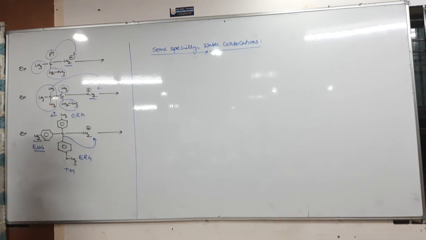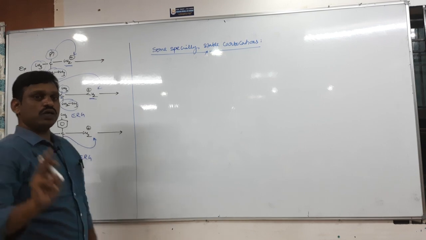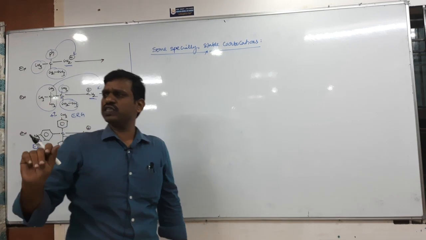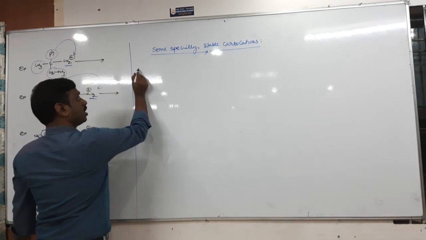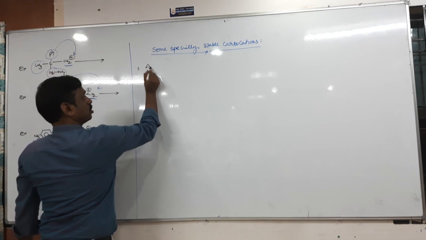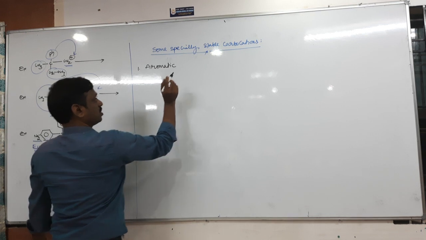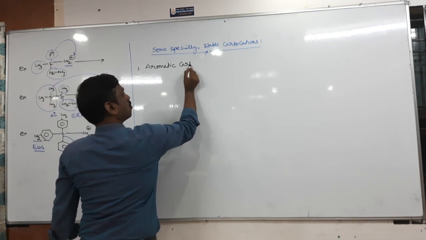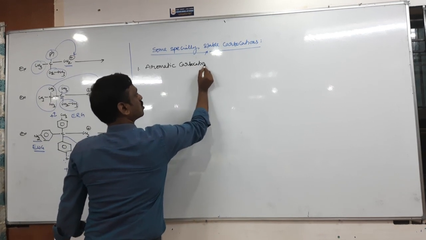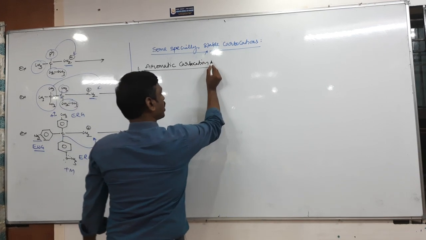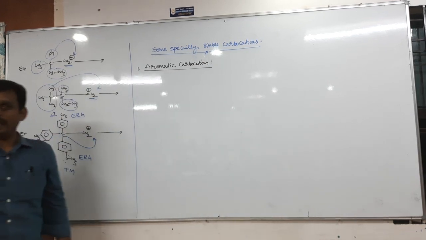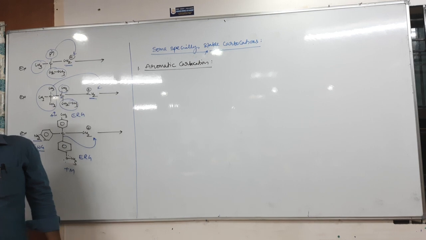Right, some specially stable carbocations. There are two important carbocations that are very stable. One, aromatic carbocations. This we have studied. I will write some examples. Aromatic carbocations. So wherever an aromatic carbocation comes, it is the most stable because of aromaticity.